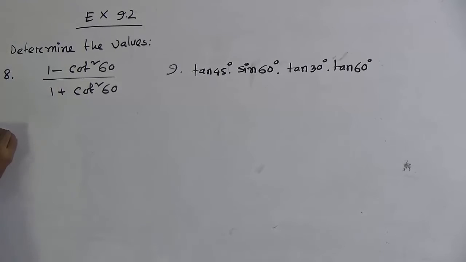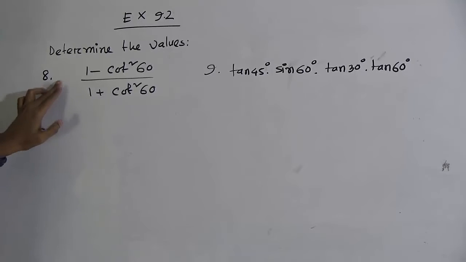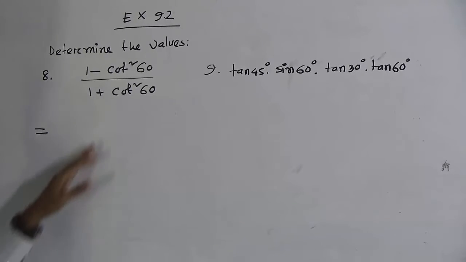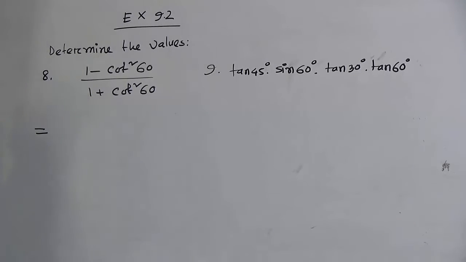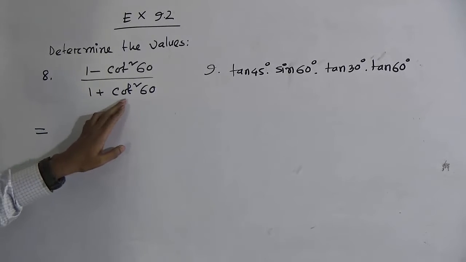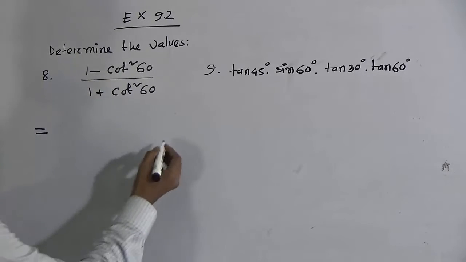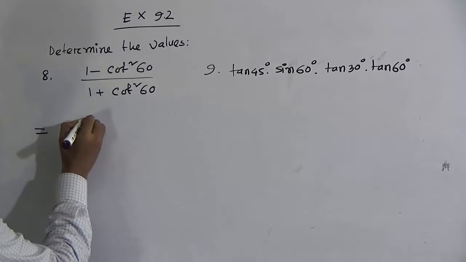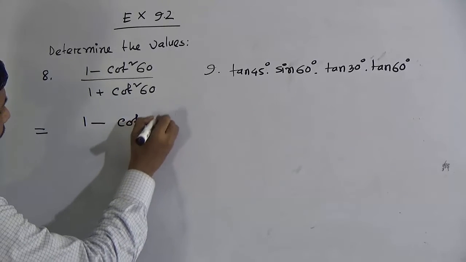Look, now we have to determine the value of question 8: 1 minus cot square 60 degree by 1 plus cot square 60 degree.